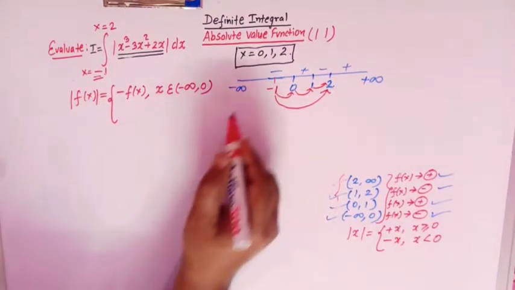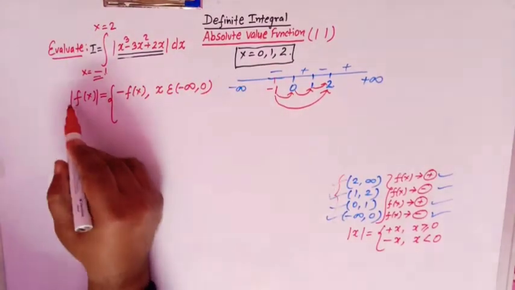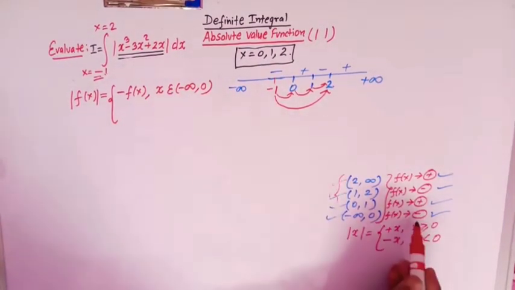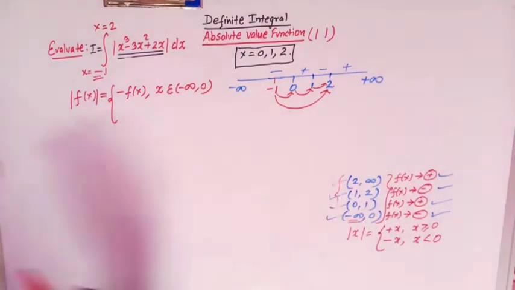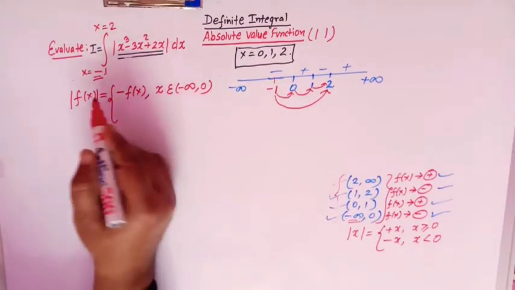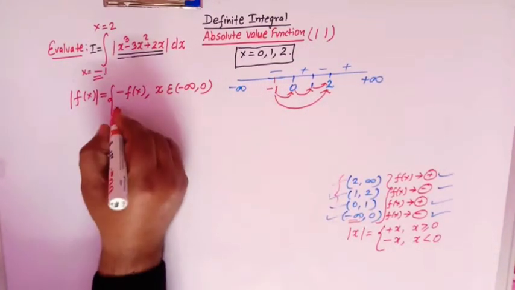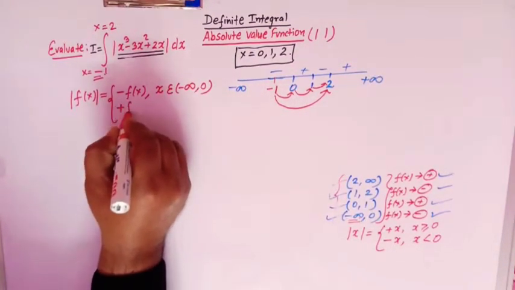Okay, so now here mod of f of x is equal to negative of f of x whenever x belongs to this interval, right?